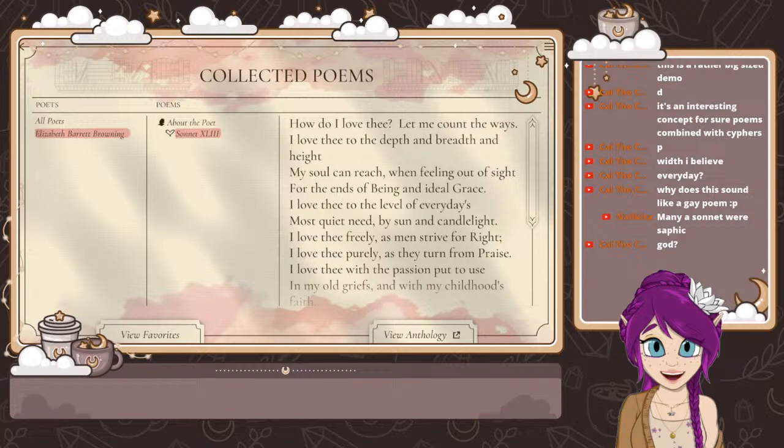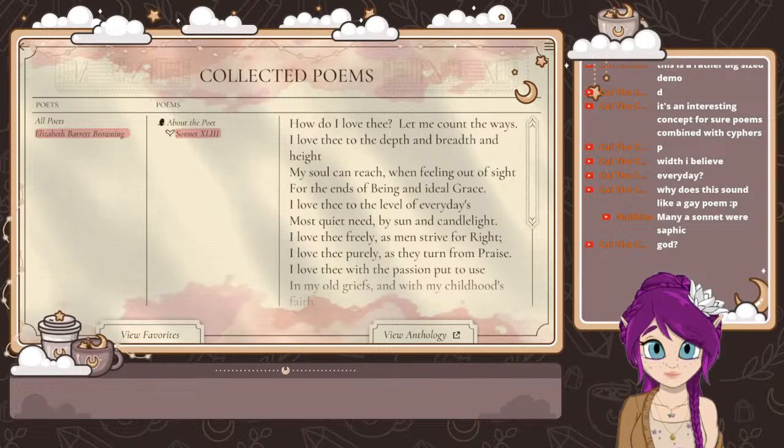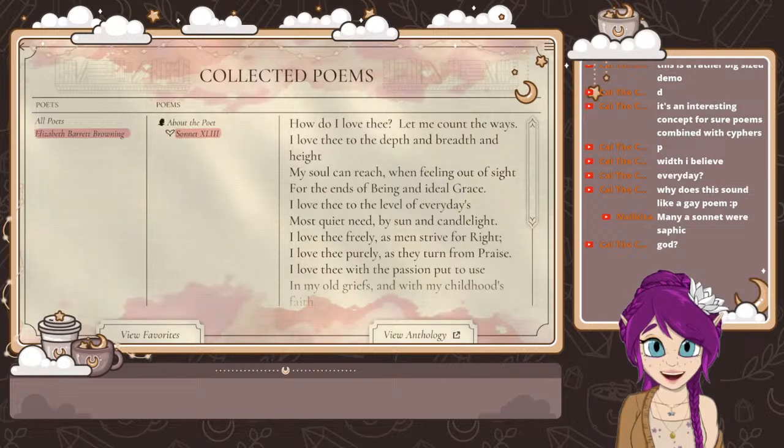Let's see, biography. Born in 1806. So it seems like it's all love letters between her and another poet.